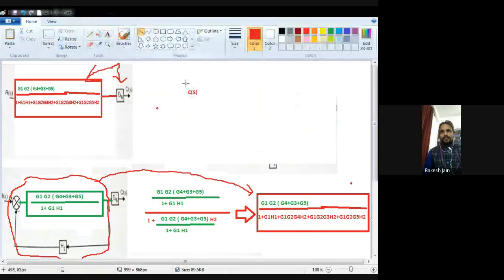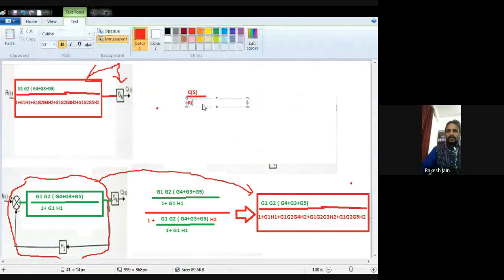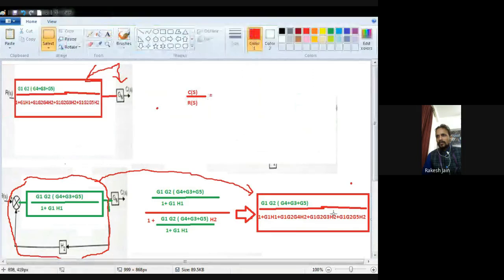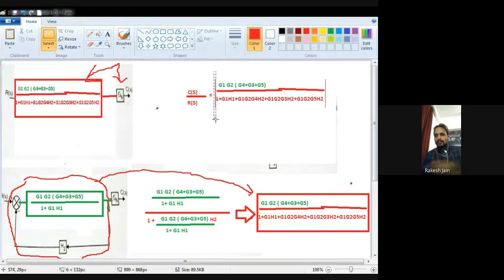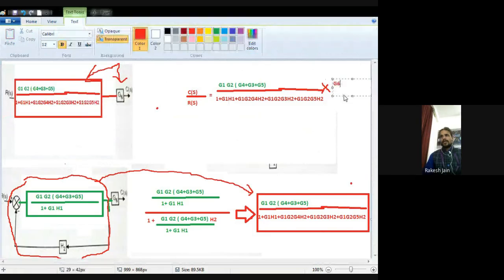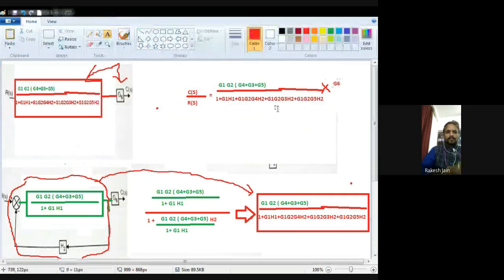CS divided by RS is equal to, as we know the rule, whenever blocks come in cascade we multiply their gains. So the first gain is this one, multiplied by the second gain G6, and whatever the answer of this, that will be your final answer.